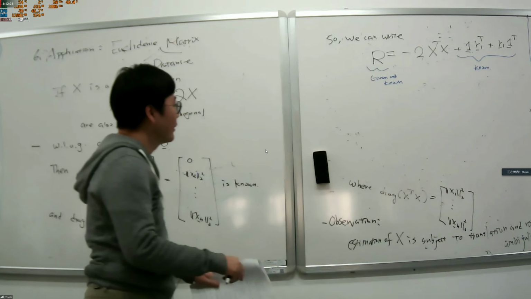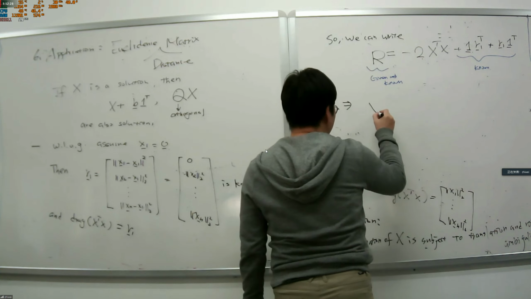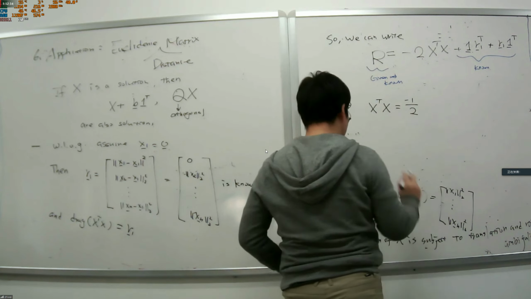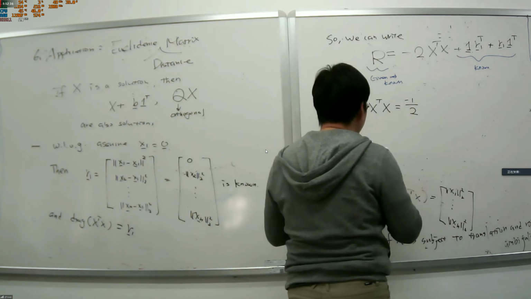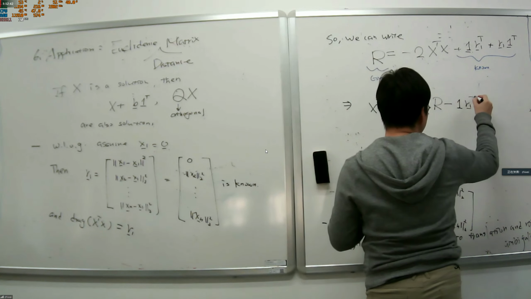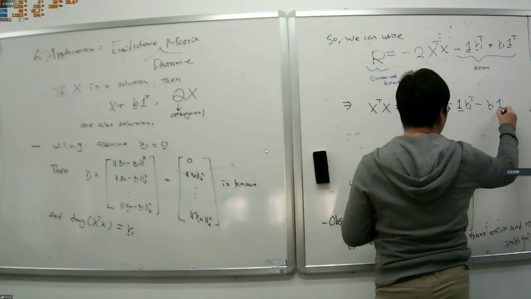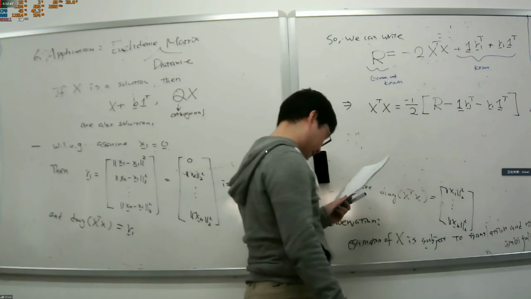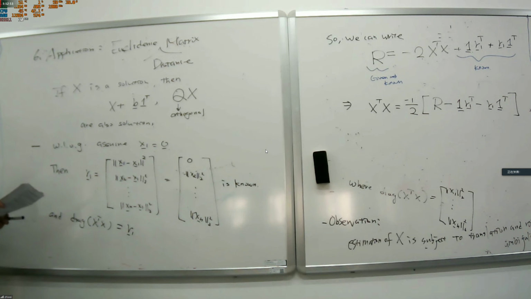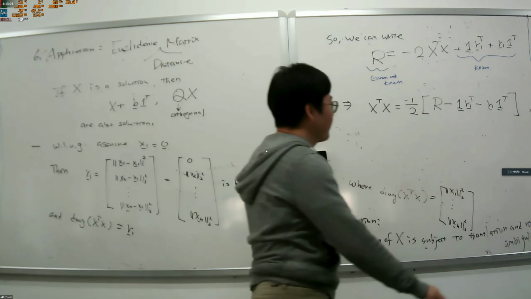Which means x transpose x is minus half of R minus 1 R1 transpose minus R1 1 transpose.